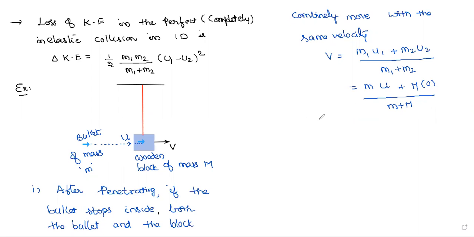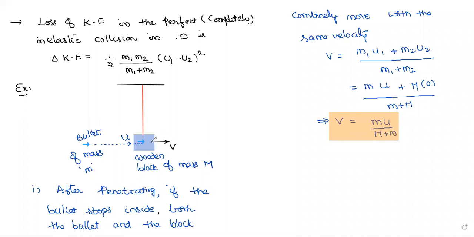So I am getting the common velocity: both combinedly move with a velocity mu by (m plus M). This is the common velocity of block and bullet in case the bullet stops inside the wooden block.